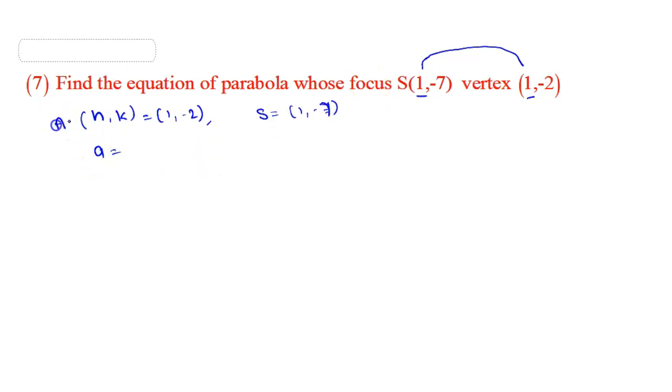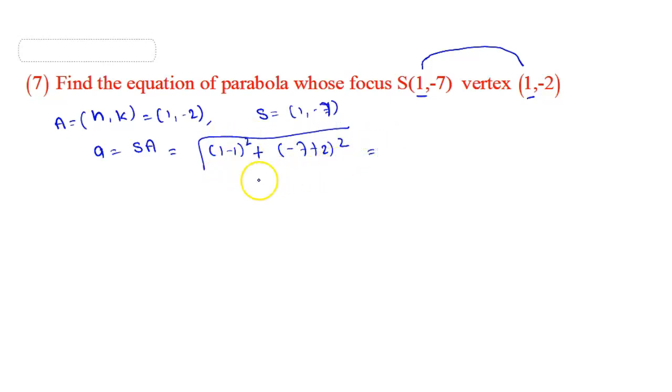In general, vertex can be taken as capital A. Small a is equal to the distance between focus and vertex. So this is equal to the square root of x2 minus x1 whole square plus y2 minus y1 whole square. We can apply the formula: 1 minus 1 whole square plus minus 7 plus 2 whole square, under root.